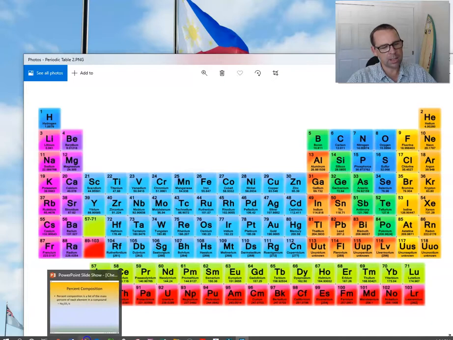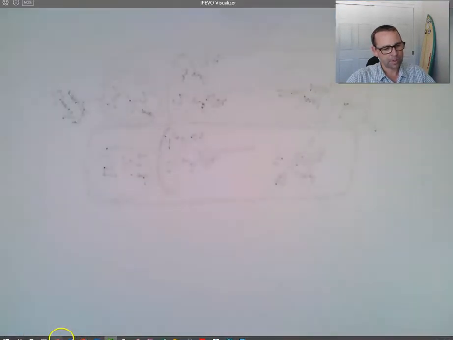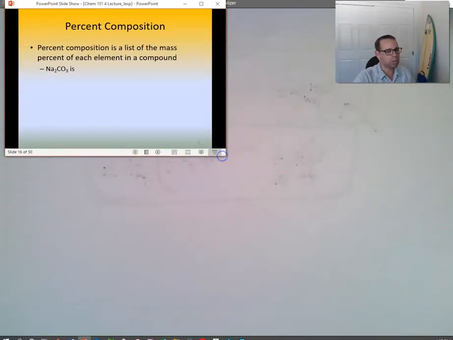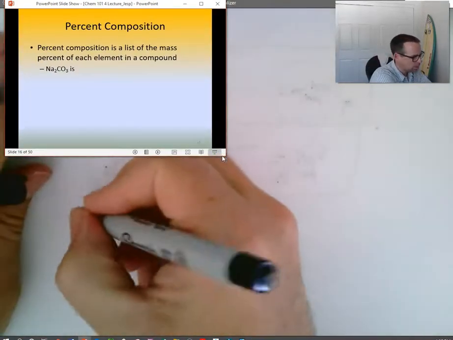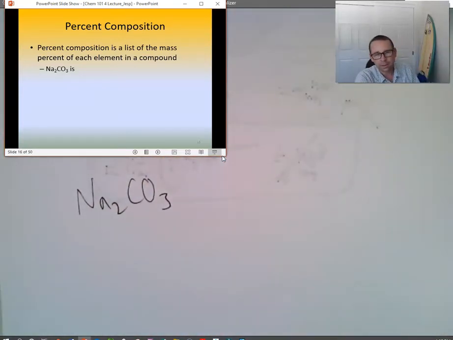So we don't need any other naming mechanism to name it, right? Okay, so sodium carbonate. When we say sodium carbonate, chemists will know that we're talking about this compound, Na2CO3, all right?